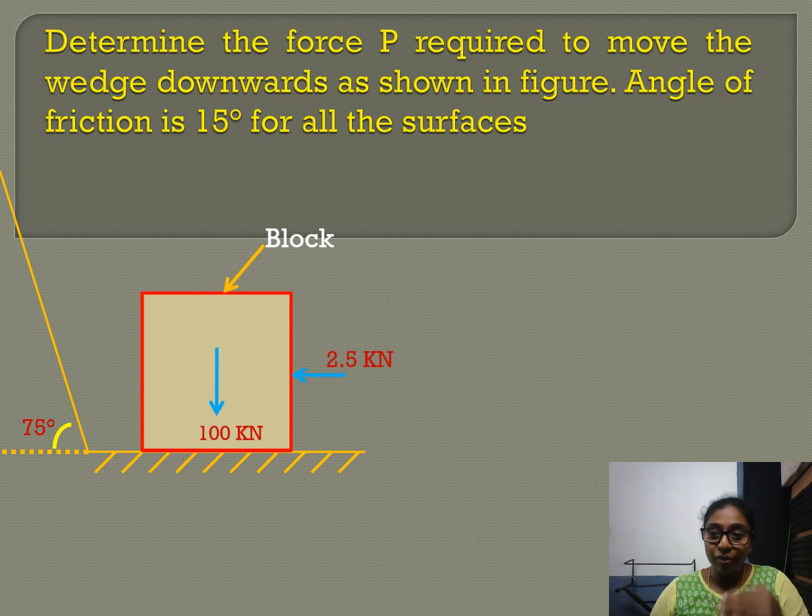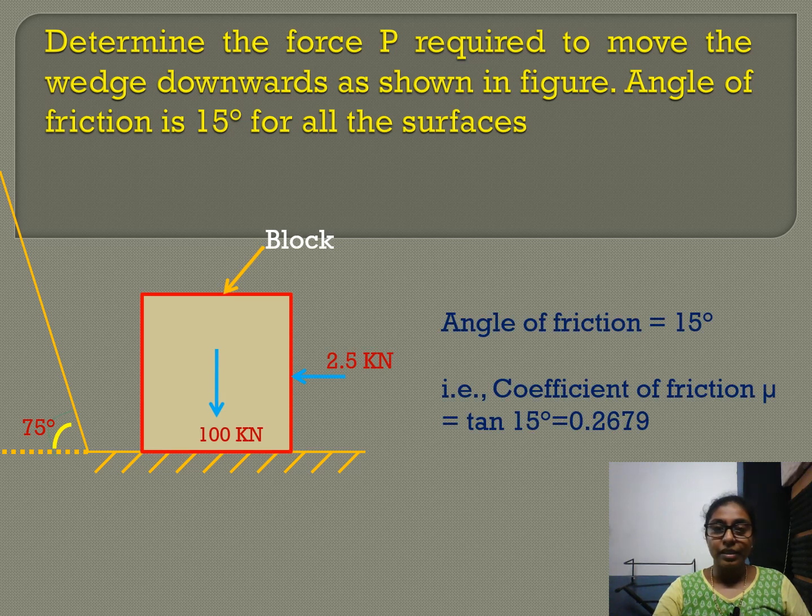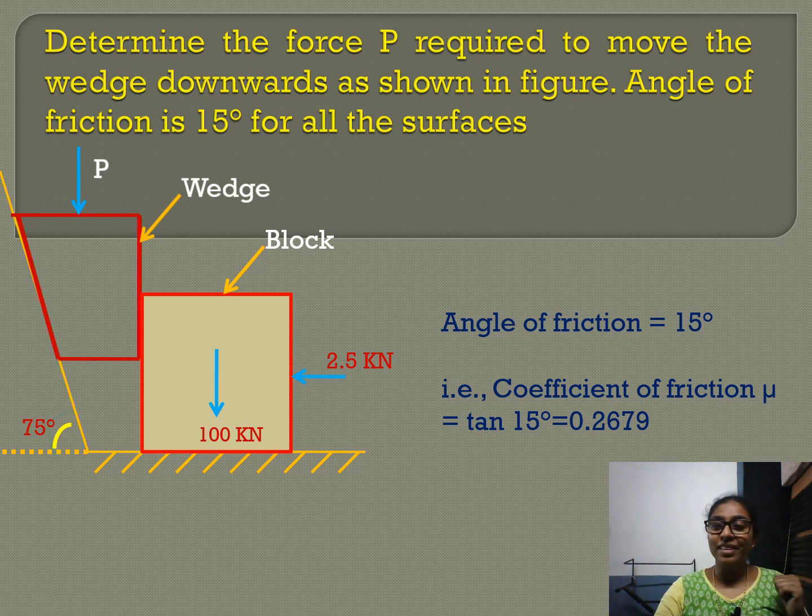So the two surfaces are given, and a block is given. This block has 100 kilonewton self weight, and a 2.5 kilonewton load is applied from the right towards the left. Another wedge is given.